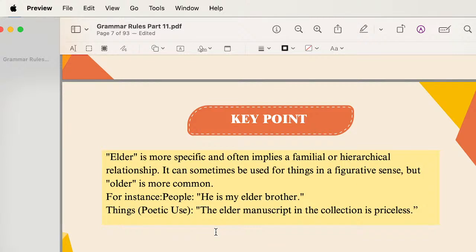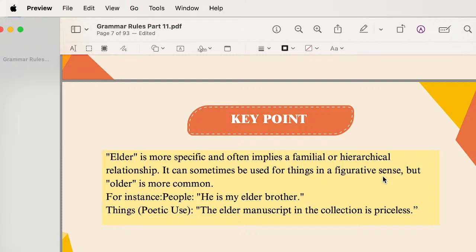Alright, so this is something that you can keep with yourself. Take the screenshot of this image. Elder, most specifically for familial or hierarchical relationships. It can sometimes be used for things in a figurative sense. But older is more common. We mostly use older. For instance, people.